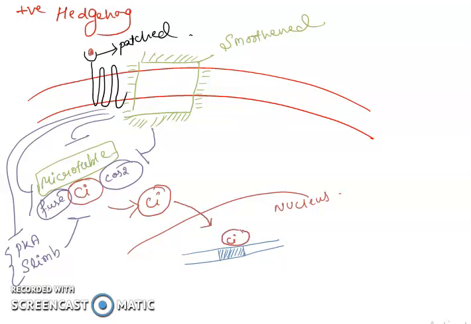It will come and bind in this region and it will allow further transcription to take place. Due to the presence of CI, further transcription took place, and the gene that was produced is known as wingless.